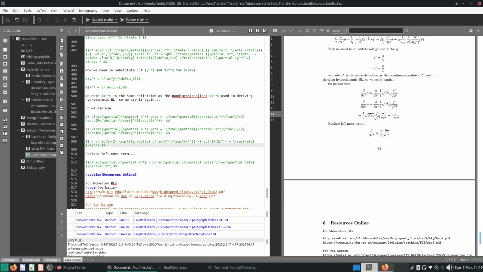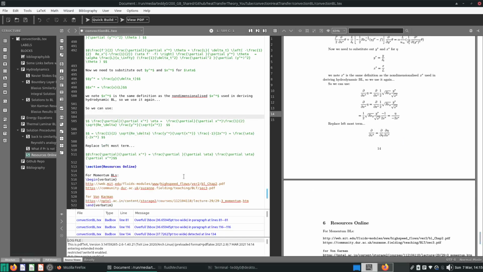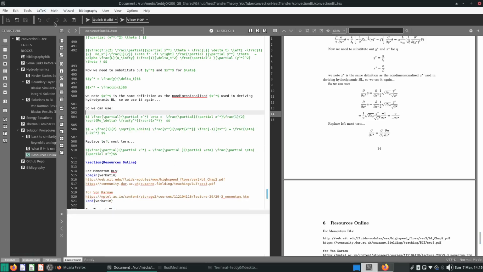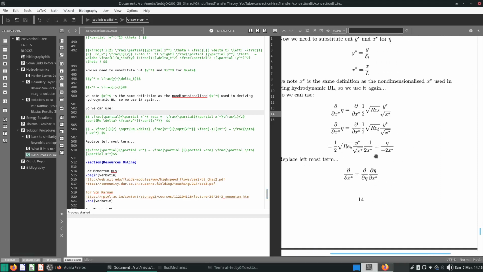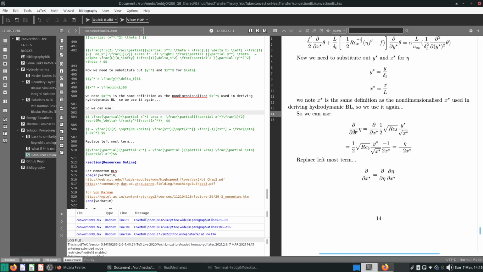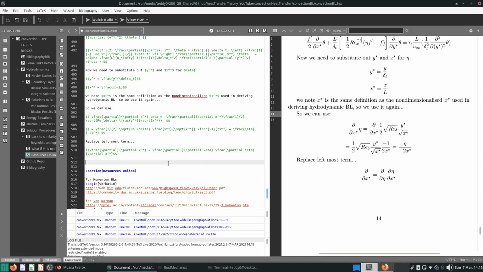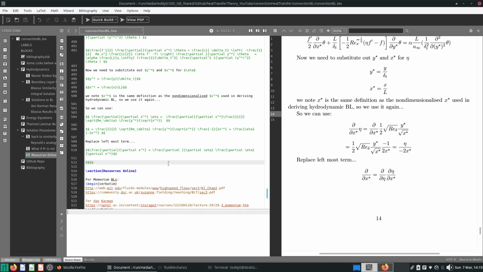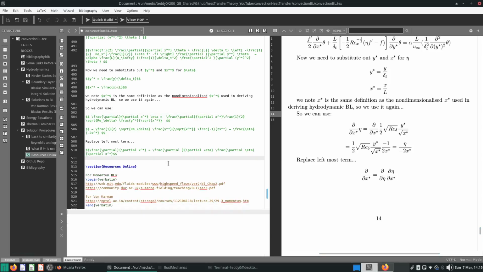I think I can just delete the first one, it's redundant. So basically what I proved is that del by del eta del x star is equal to eta over minus 2x star. So we'll just use that term to replace.